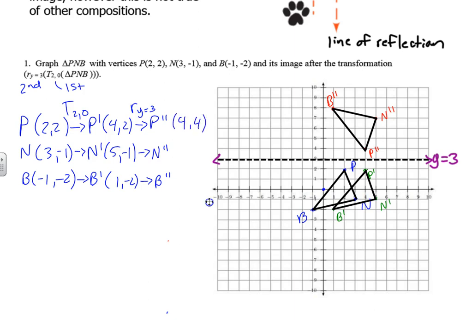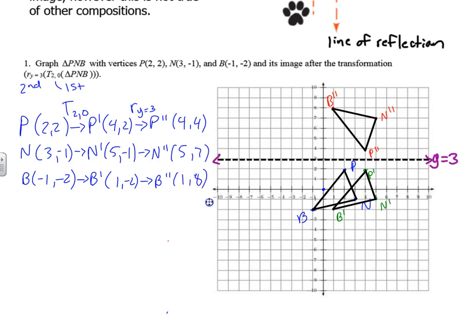N double prime is (5, 7). And B double prime is 1, 2, 3, 4, 5, 6, 7, 8, so (-1, 8) would be point B double prime.